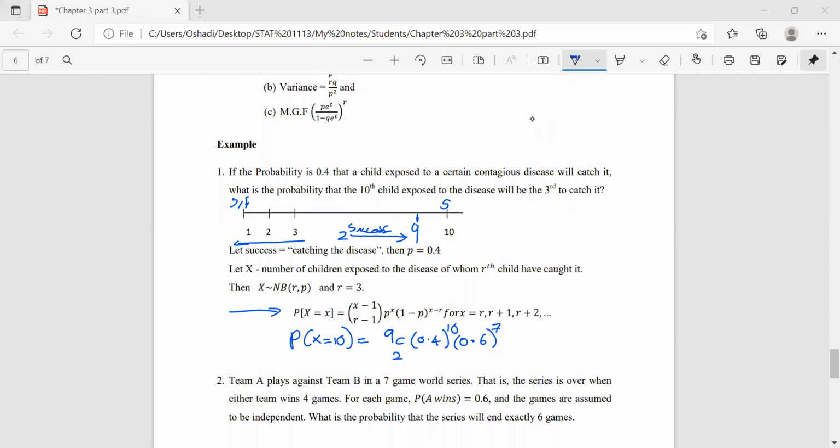This is not X, actually, this is r, isn't it? This is r. What is the answer?